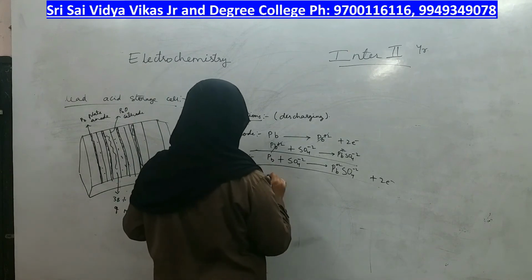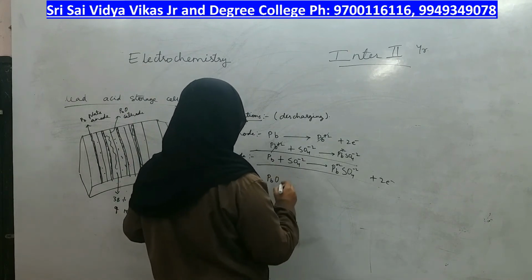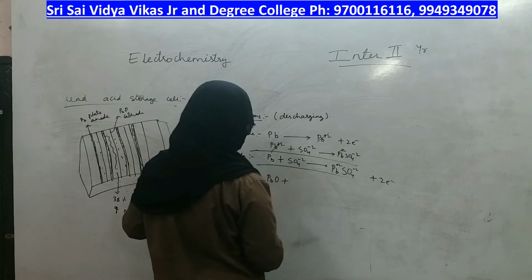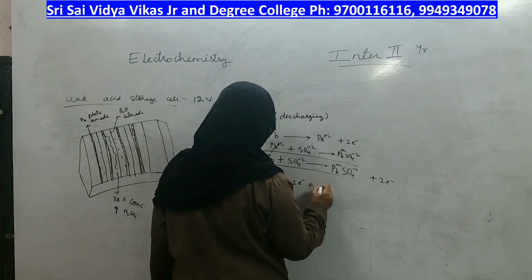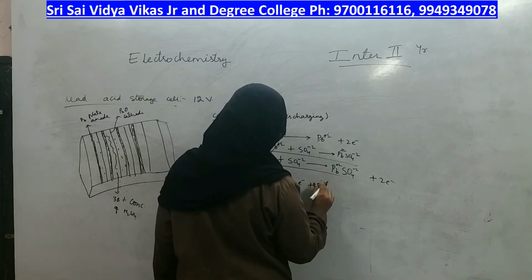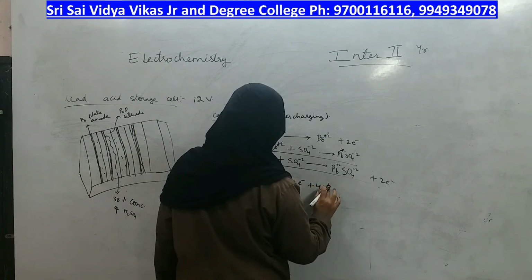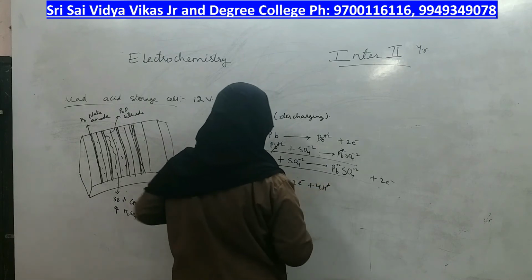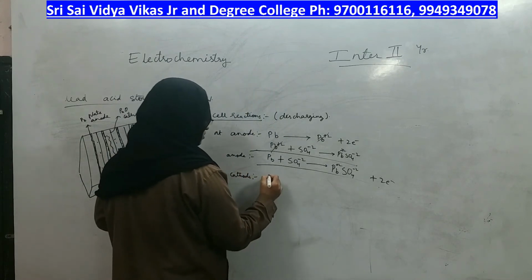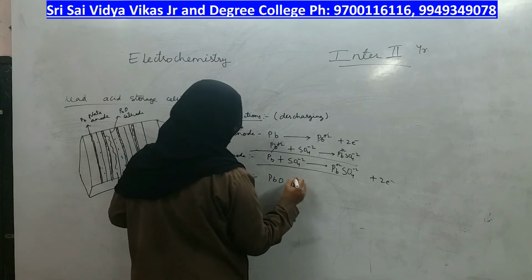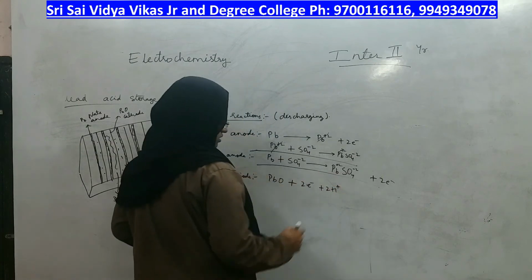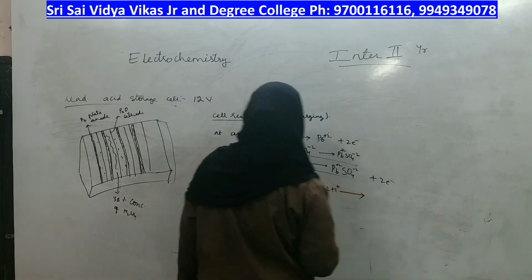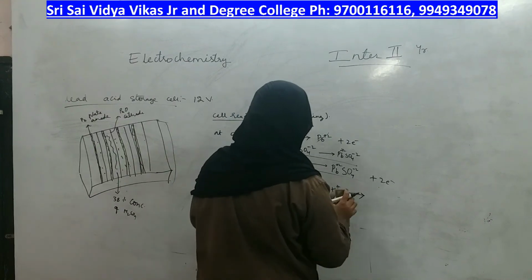At cathode, lead oxide is cathode and it undergoes reduction. It takes 2 electrons and 2 H plus ions and 1 sulfate ion also.